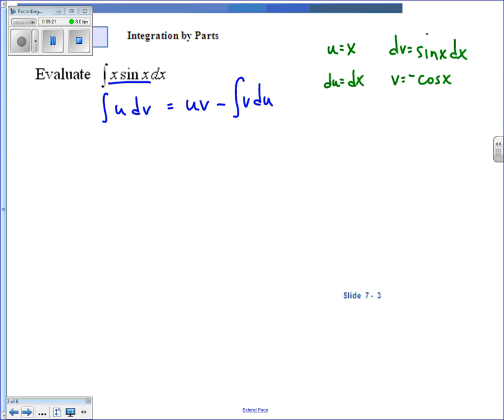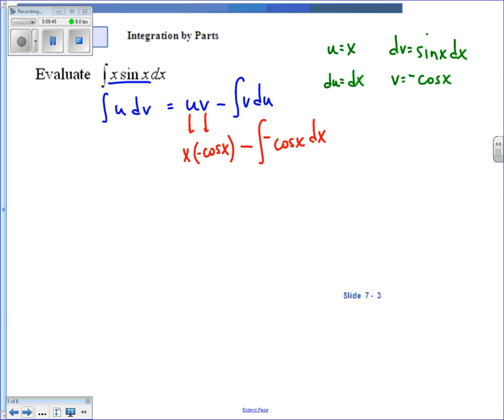Okay, so now, plug in the parts. The u here is just x. The v will be negative cosine of x. I'm putting it in parentheses so you don't think it's a subtraction. And then minus the integral of the v, which is negative cosine of x, and then the du, which is just dx.